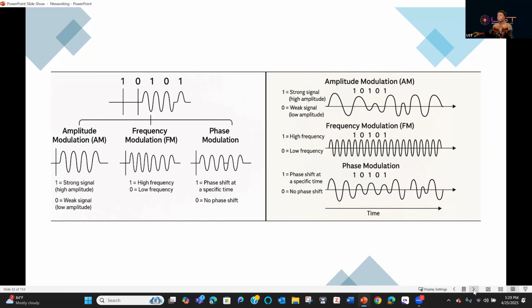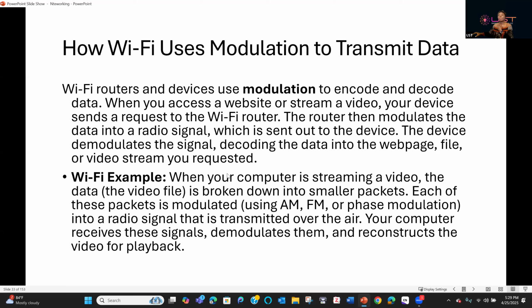But you might ask, how does Wi-Fi use modulation to transmit data, right? Wi-Fi routers and devices. Remember, routers, at a basic level, we said that it's an access point, use modulation to encode and decode data.